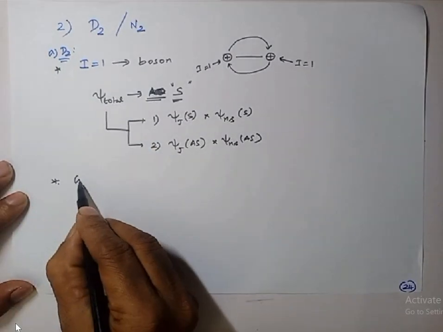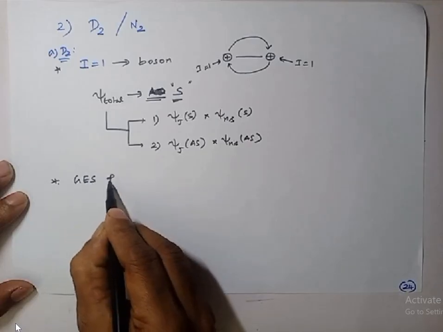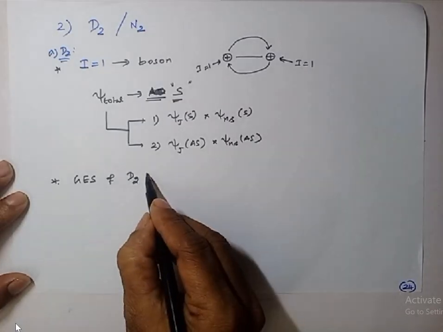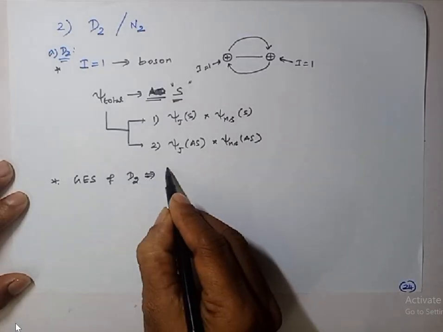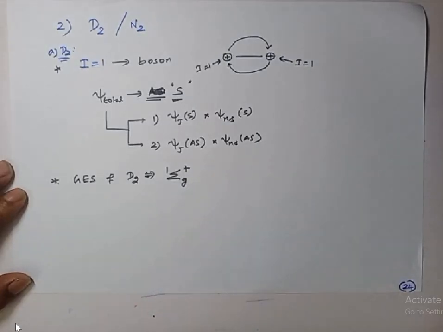The ground electronic state of the deuterium molecule is singlet sigma g plus. This is the ground electronic state of the deuterium molecule.